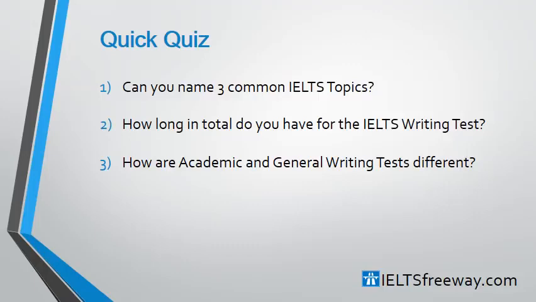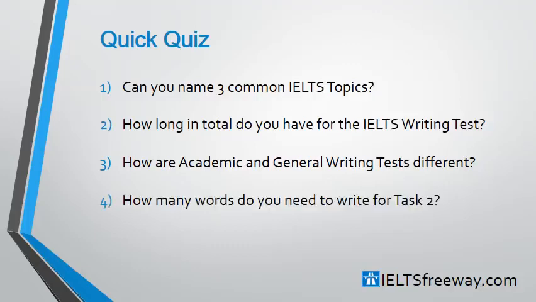However, task 2 is identical. Question 4. How many words do you need to write for task 2? Hopefully, you are aware that it's a minimum of 250. You must write at least 250 words.